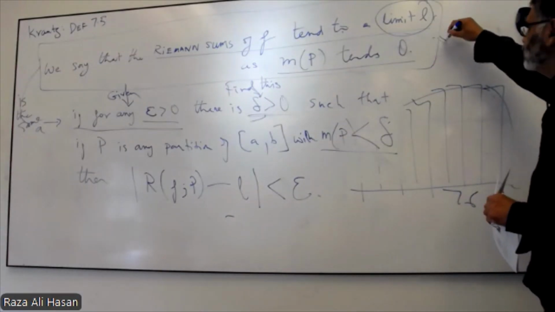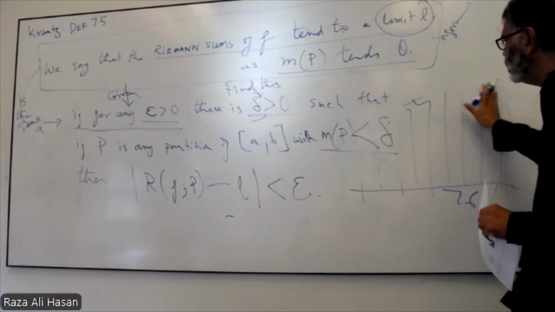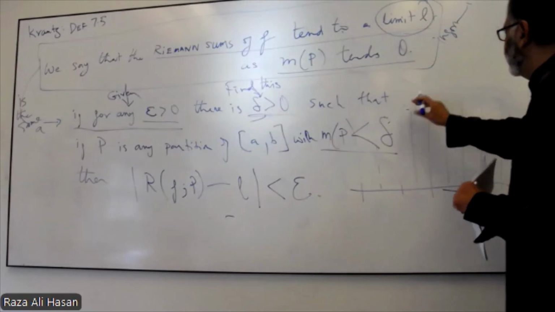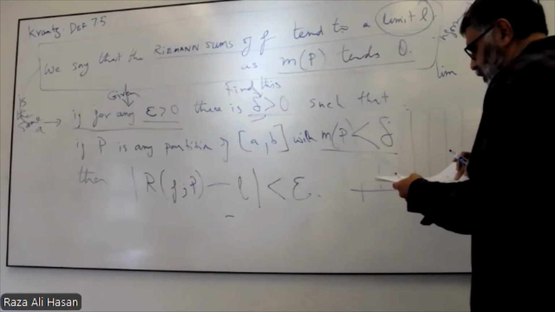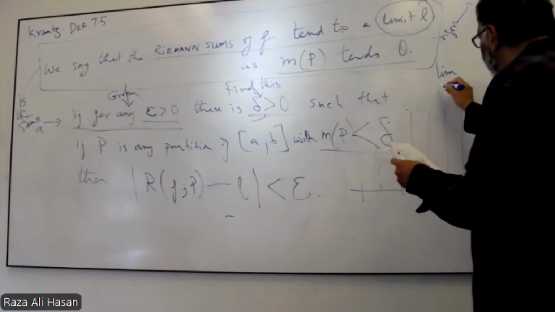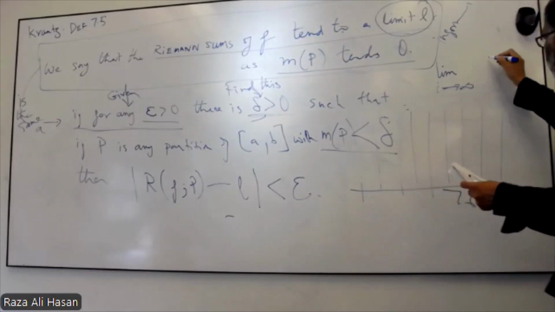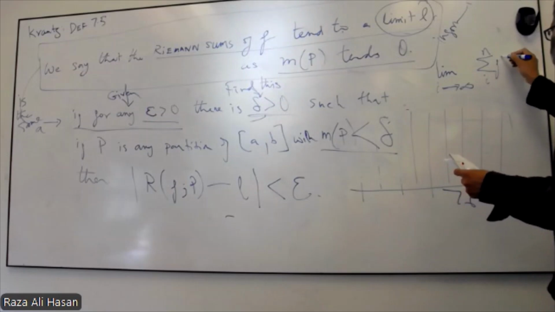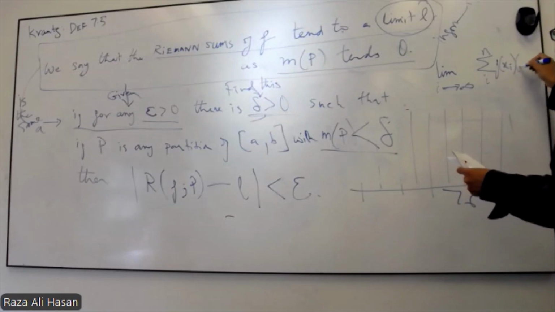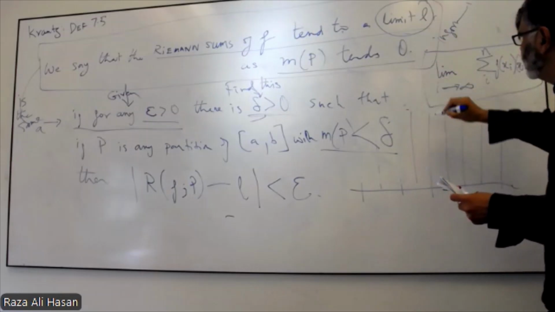This is informal. So what's happened is what got translated was this thing here. If you take the limit as i goes to infinity of a Riemann sum, this is the third way to say this.